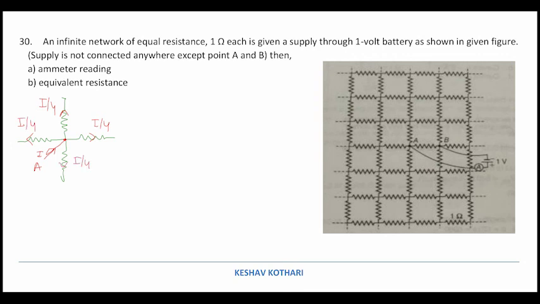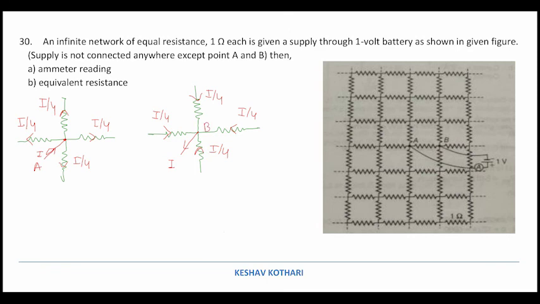And when this same current approaches B, they will again rejoin, all the I by 4, to meet at B as I. So this is how we redraw this circuit.